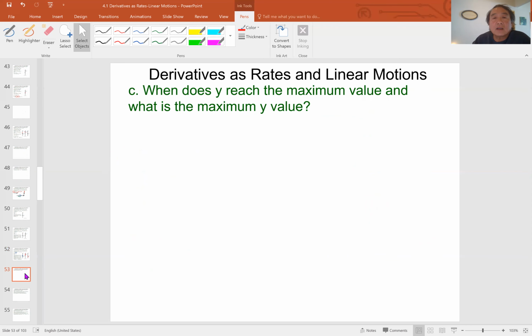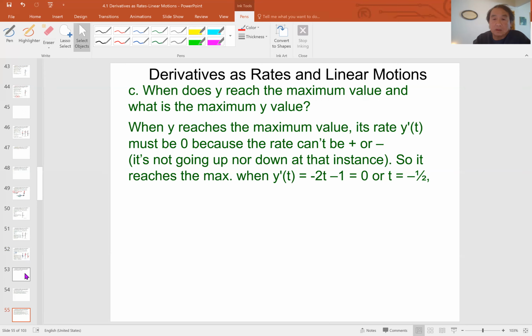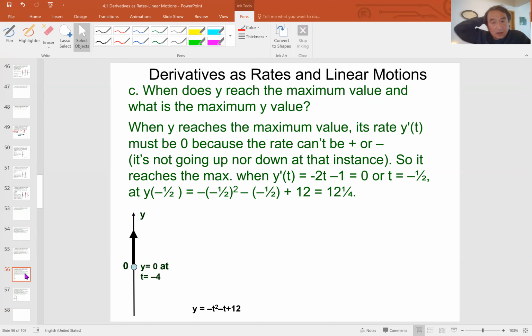So where's the highest value y reached? Well, that's when the velocity is not positive, not going up, nor going down. So that's when the derivative is 0. I don't have to check the second derivative. So the first derivative is 0, and we find t equal to -1/2. From here, I can visualize what the point is doing.